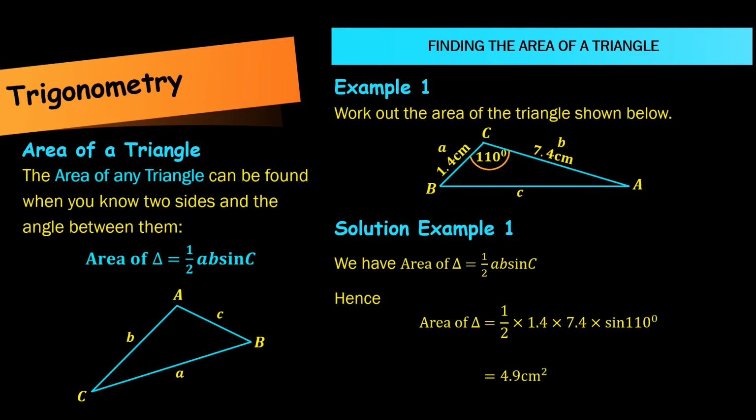And if you plug these values into your calculator, you should get that this is 4.9 centimeters squared to 1 decimal place.